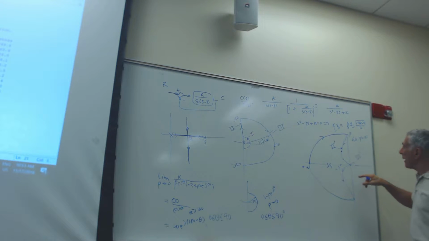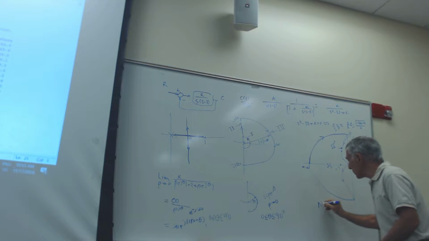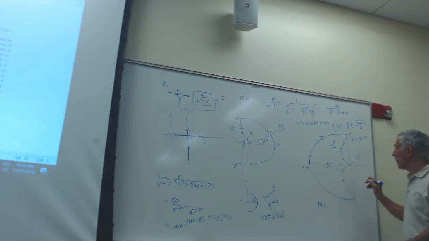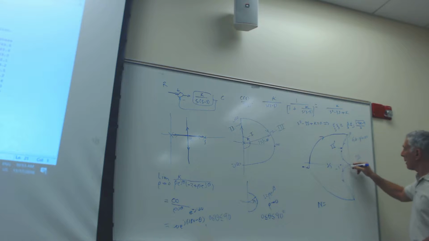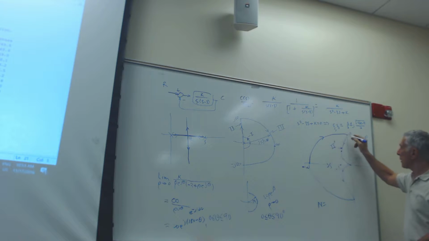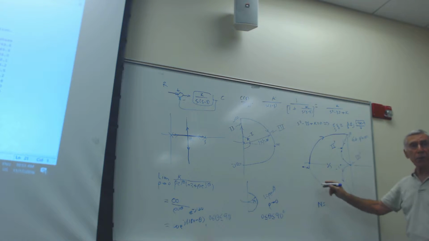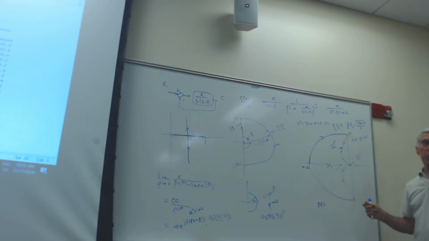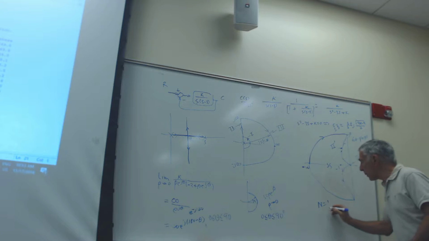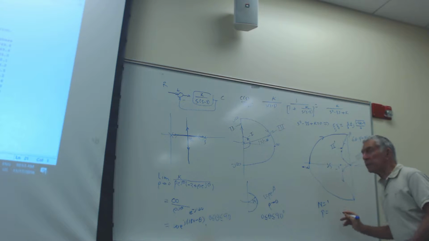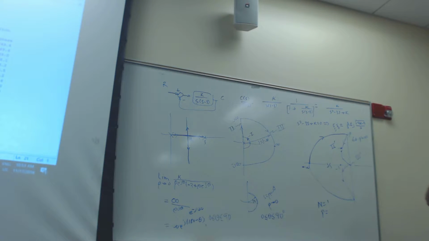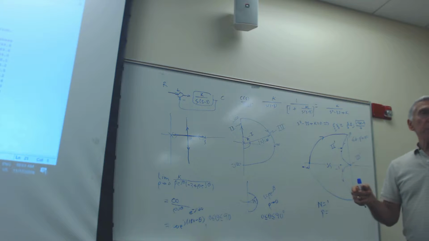In fact, what is N? That's the question. What is N equal to? We have one clockwise encirclement of the point minus 1. That is our N value. N is equal to 1. What is P equal to? It goes back to the mapping theorem.